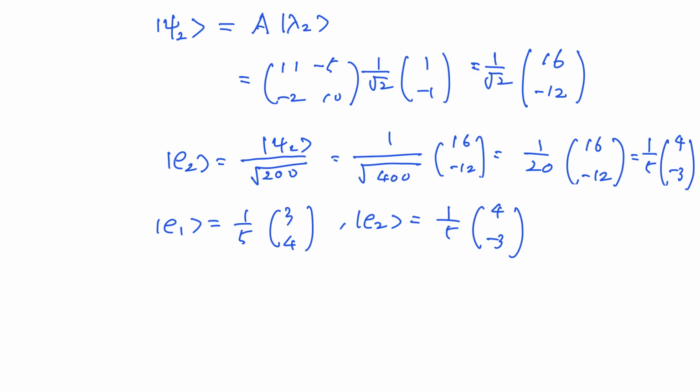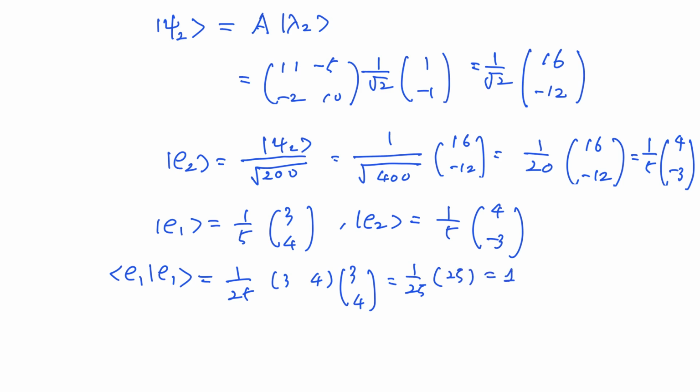Let's check whether e_1 and e_2 form an orthonormal set. e_1 with e_1: 1 over 25 times (3 squared plus 4 squared), which is 25, equal to 1, right?